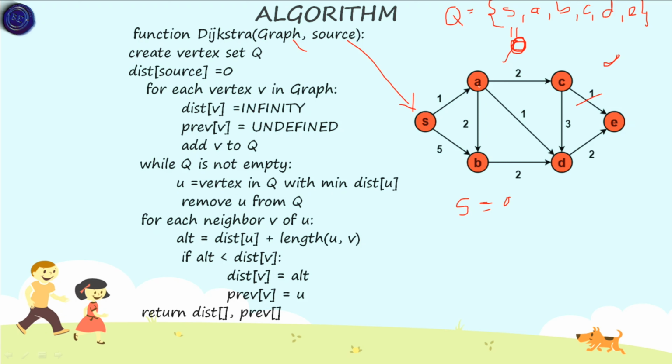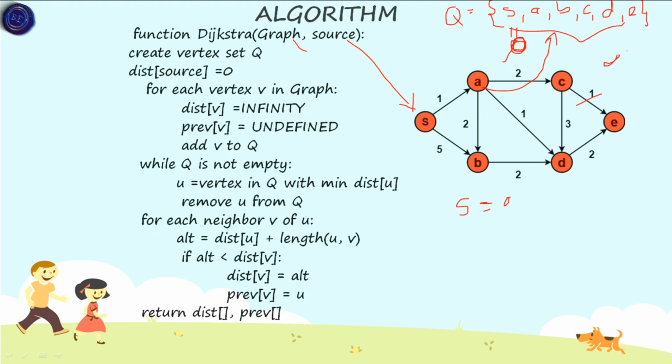So A's previous node is S. We know that S is the previous node, but the computer doesn't, so let us consider the previous node should be undefined. Add v to Q. So every vertex that we are going to consider is put into the Q set. While Q is not empty: here the Q set is not empty.